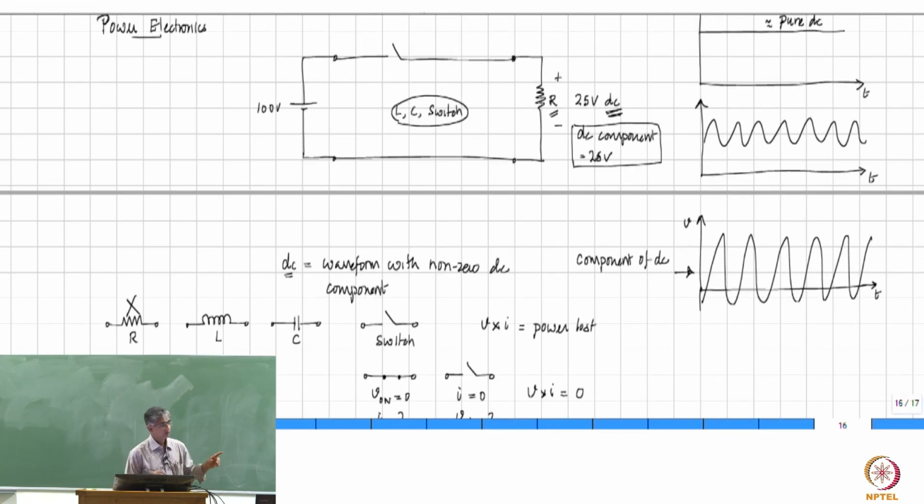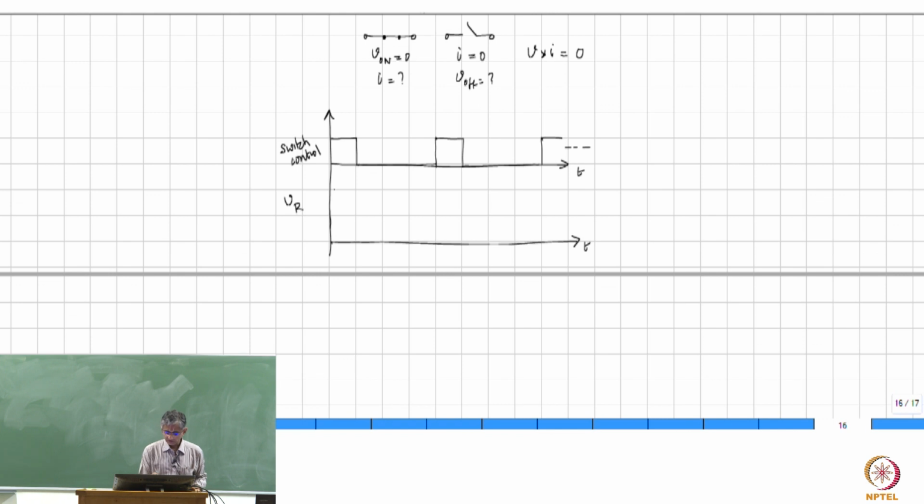This is the circuit. If the switch is on, what is the voltage across the resistor? 100 volts. And if the switch is off, what is the voltage across the resistor? 0. And therefore, the voltage across the resistor will be 100, 0, 100, 0, 100 and so on.